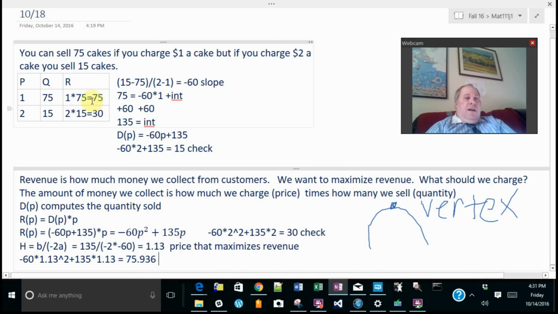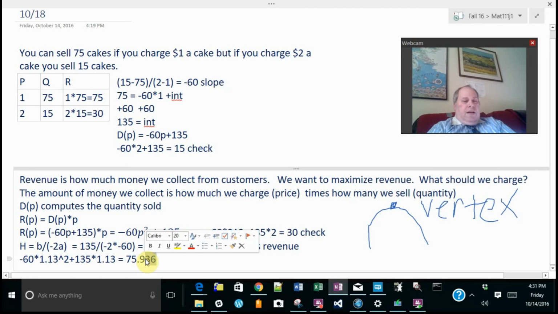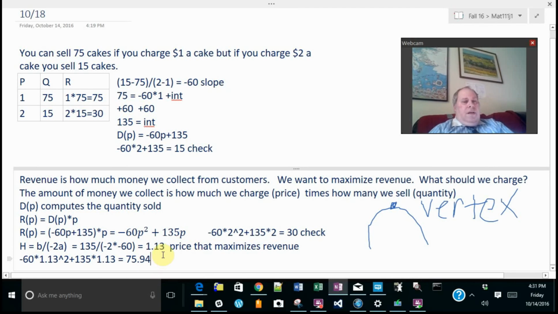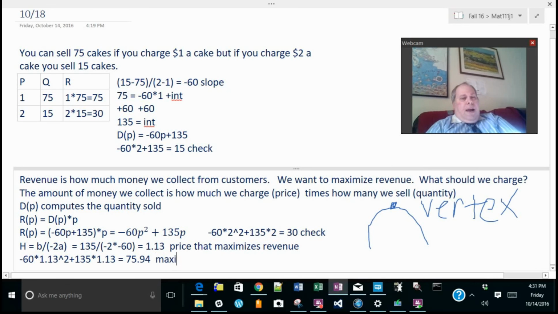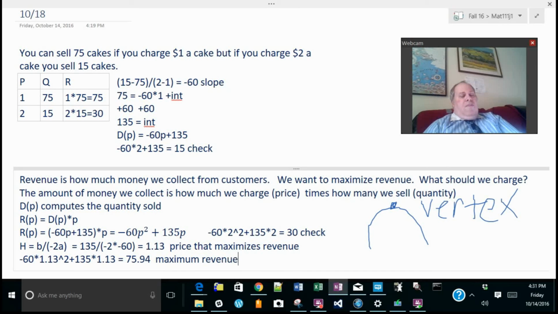It's got to be bigger than both of these, and it is. It's $75.94, rounded to the nearest cent, the maximum revenue. So that's how much we can make no matter what price we charge, from our cakes.